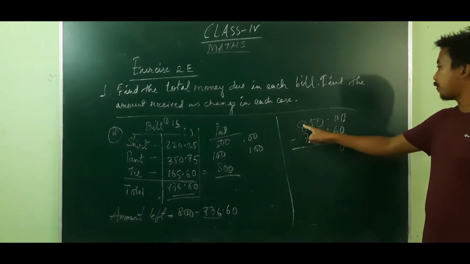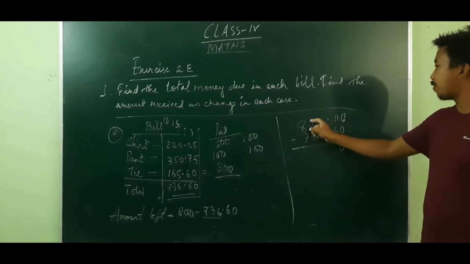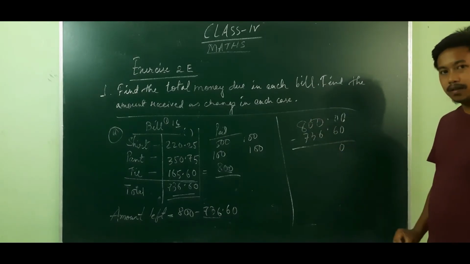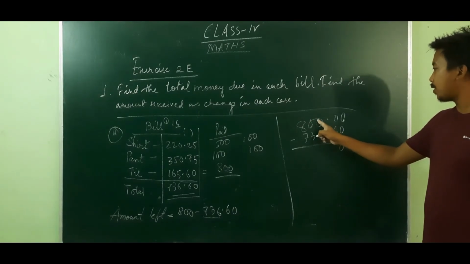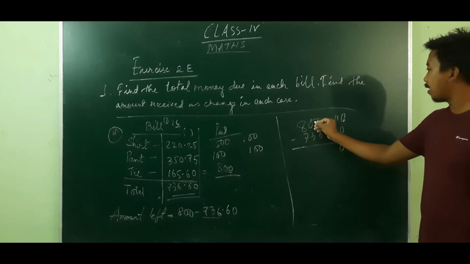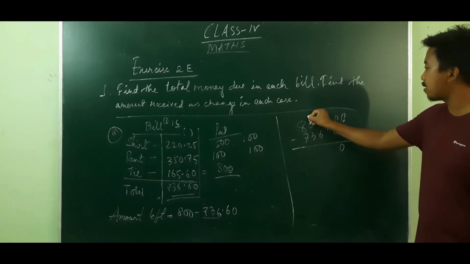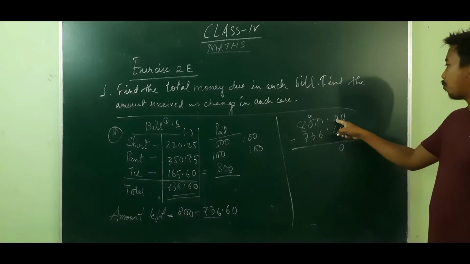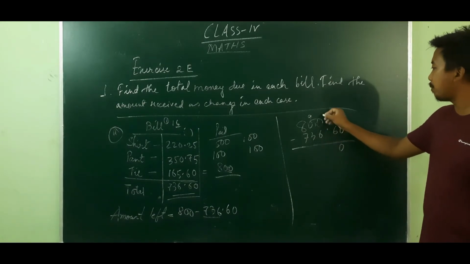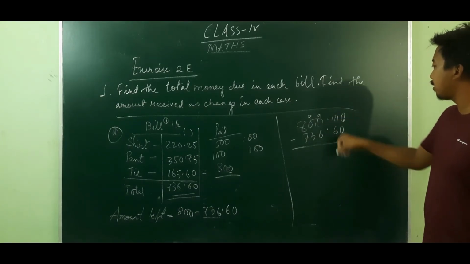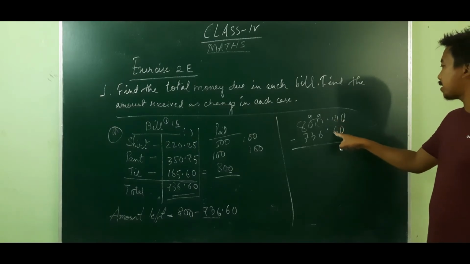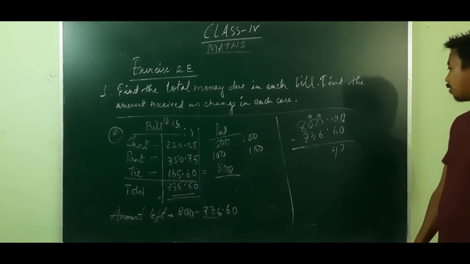This 0 will take 1 from 8, that becomes 10. Again this 0 will take 1 from this 10, so it becomes 10 here and 9 here. Now this 0 will borrow again 1 from this 10, so here will become 9 and here will become 10. Now 10 minus 6 will be your 4.